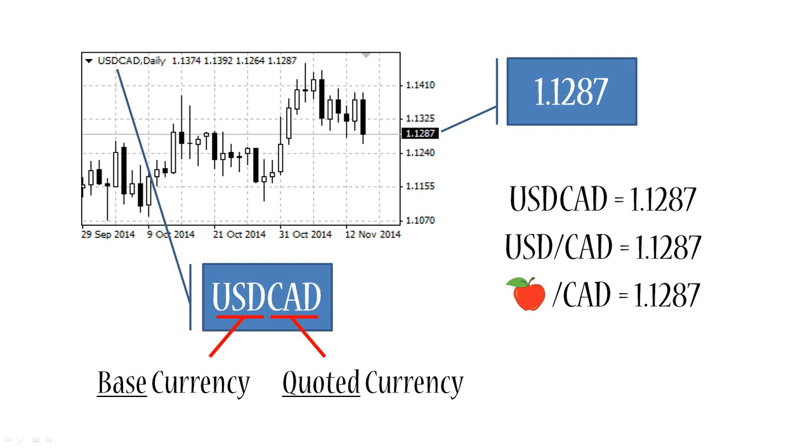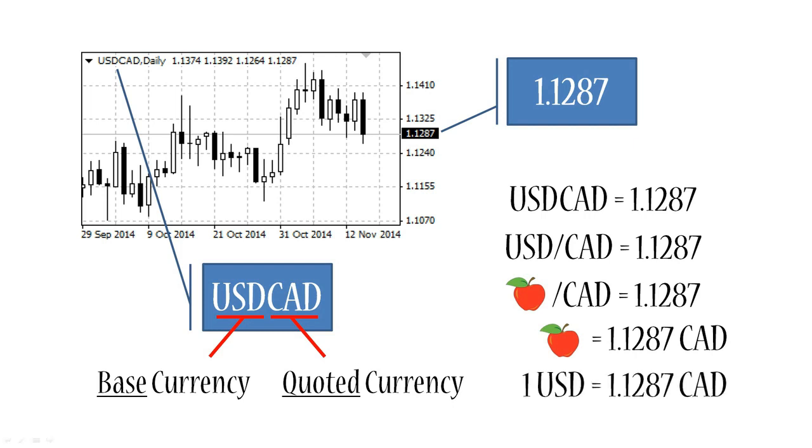It doesn't matter. What we are looking to do right now is replace the base currency with something that we know quite well, in this case apples. So in this example, we can see that the price of one apple is 1.1287 Canadian dollars, or approximately 1 Canadian dollar and 13 cents.